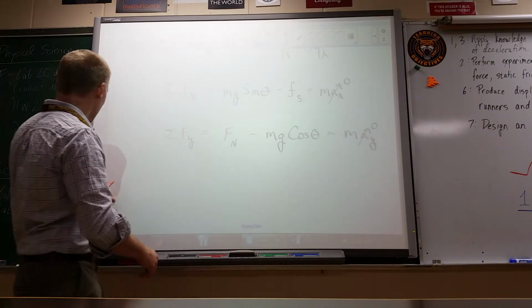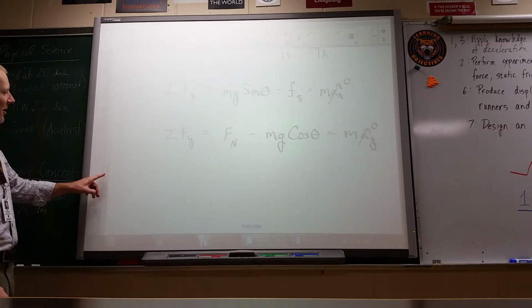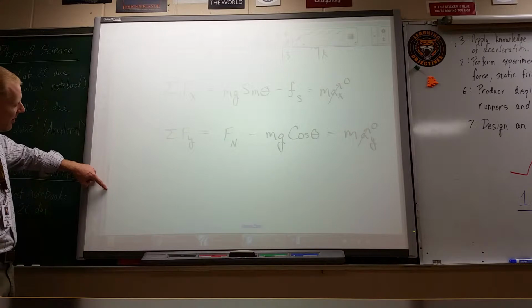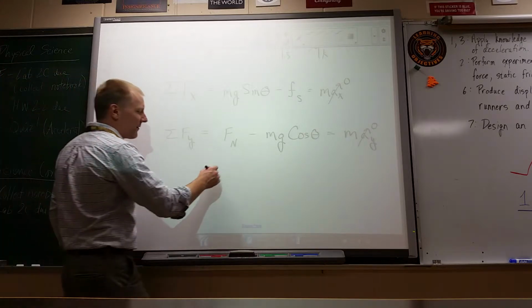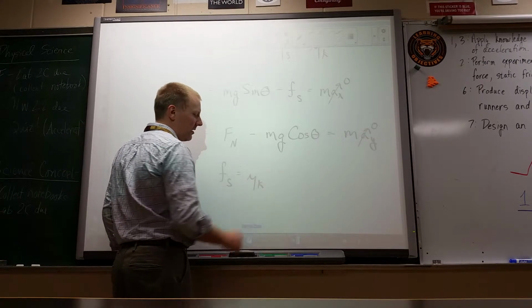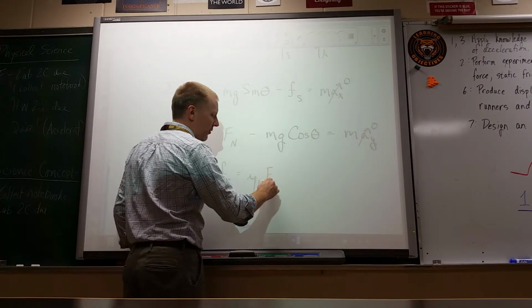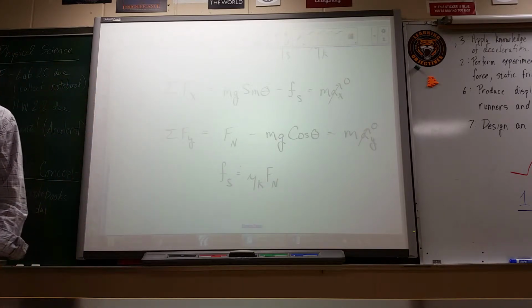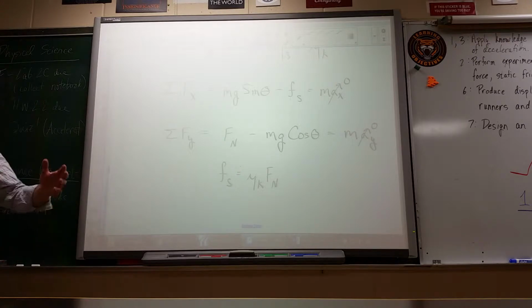But now let's look at our graph. Our graph gave us that static friction is equal to that coefficient, mu k, times the normal force. I want to get that in terms that are not directly related to the mass that's in place.